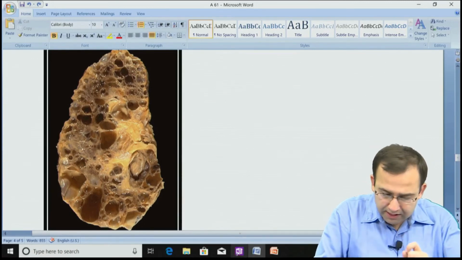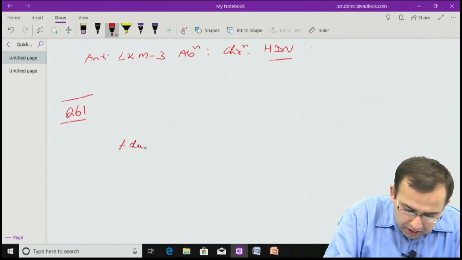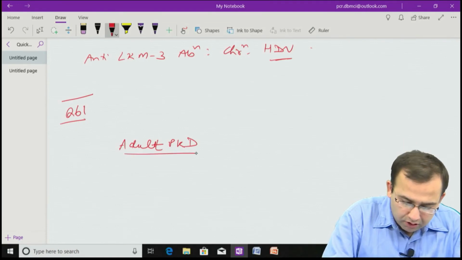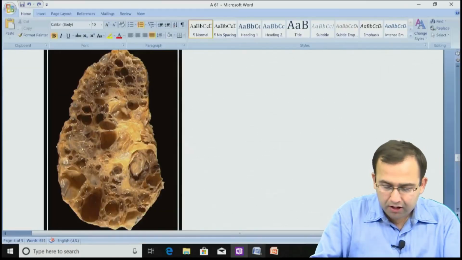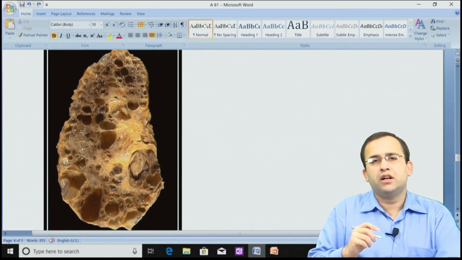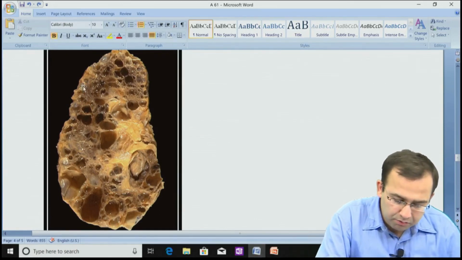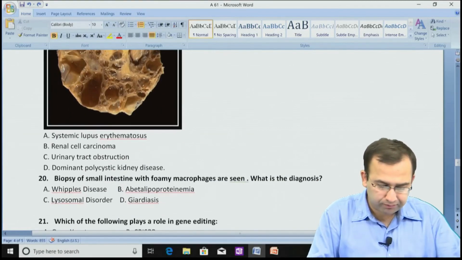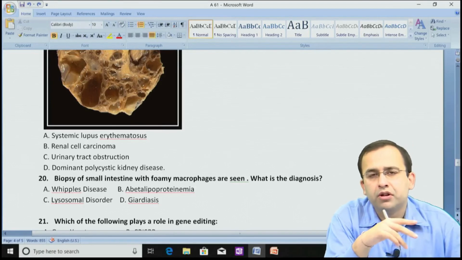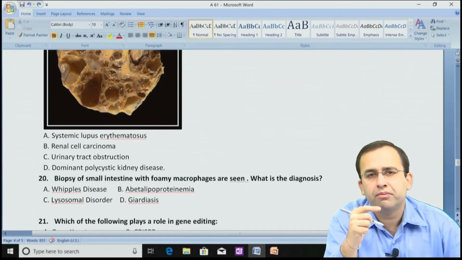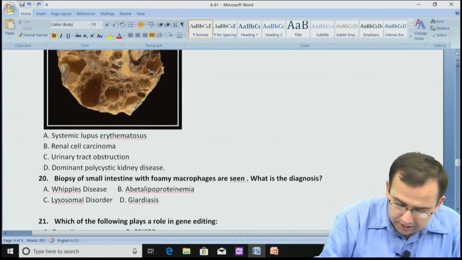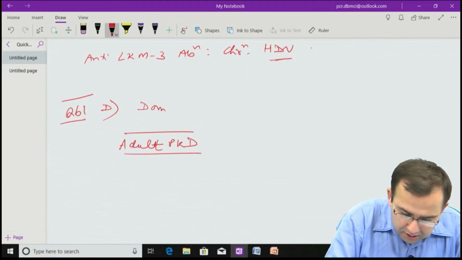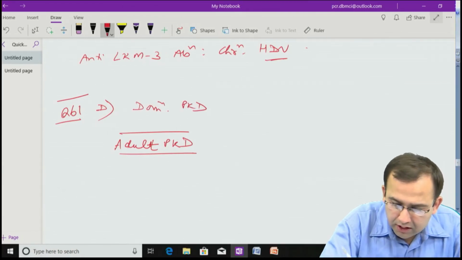This is the classical gross of adult polycystic kidney disease, versus childhood polycystic kidney disease, in which there is a smooth outer surface and cysts at right angles to the renal capsule. Now, adult polycystic kidney disease, is it autosomal recessive or dominant? Autosomal dominant. So the answer is 4.